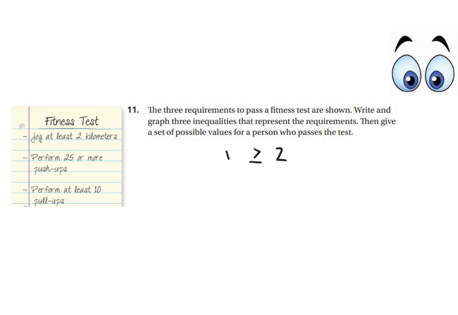So the requirement must be greater than or equal to 2 kilometers. Perform 25 or more. So we would say the requirement is greater than or equal to 25 push-ups. And then perform at least. At least is also greater than or equal to, so the requirement is greater than or equal to 10 pull-ups.